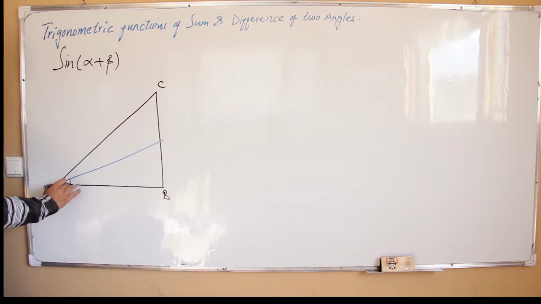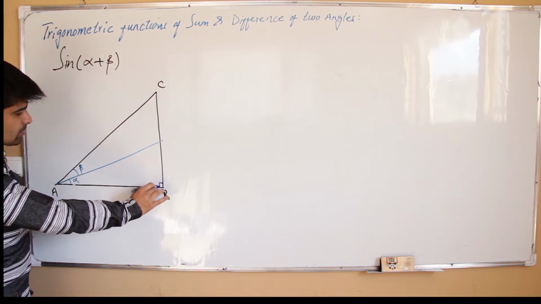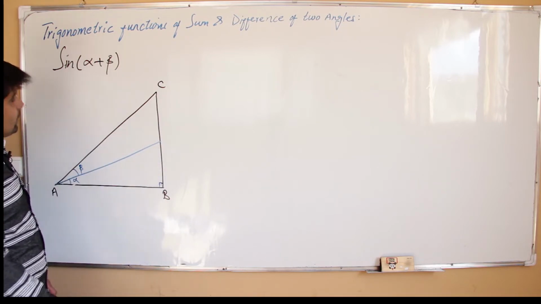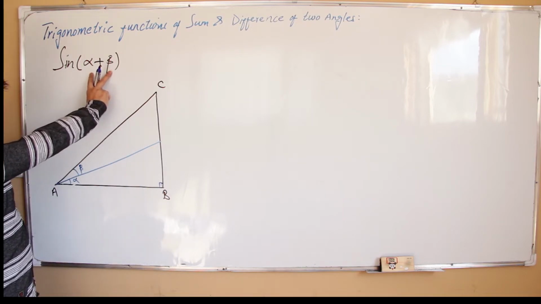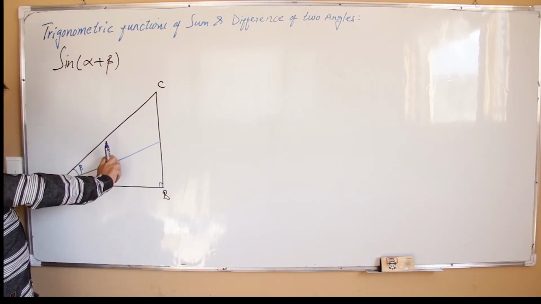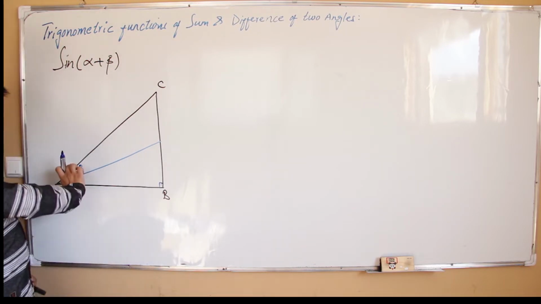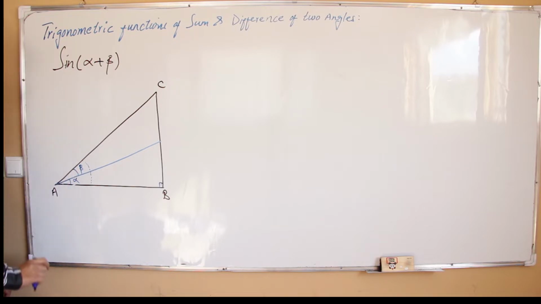This is alpha and this is beta. Can we define sine of alpha plus beta inside this triangle? Yes, we can, because this is our alpha plus beta angle, all of them.